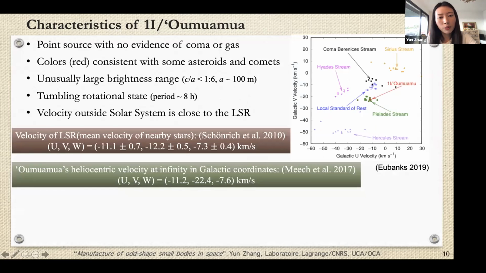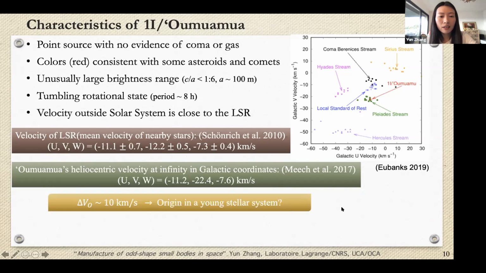Another notable thing is its heliocentric incoming velocity. This velocity is remarkably close to the mean motion of the stars in the solar neighborhood, so it has a very small deviation from the mean velocities in the U and W directions.